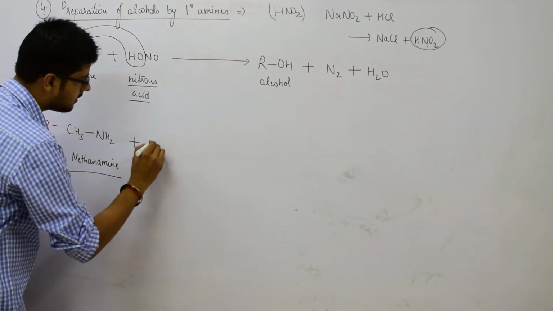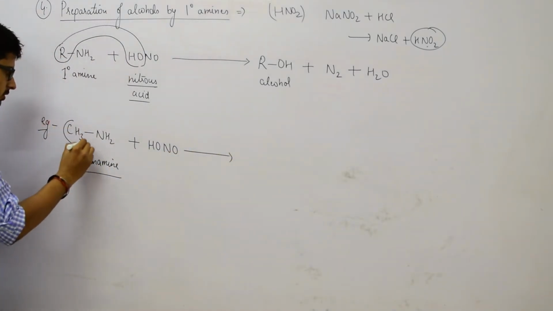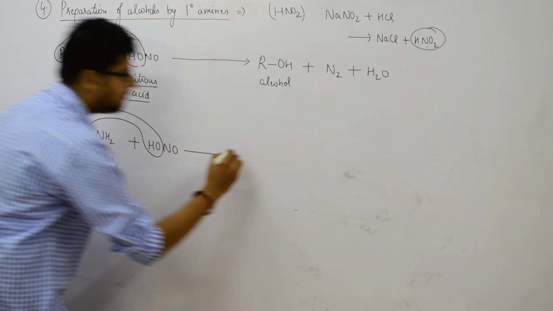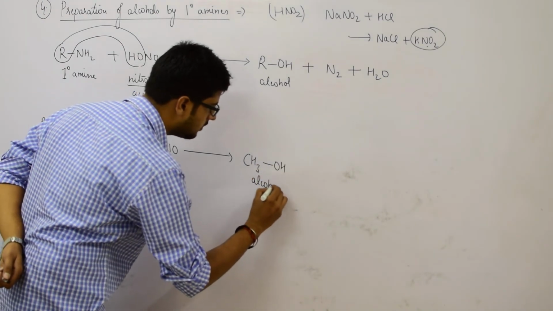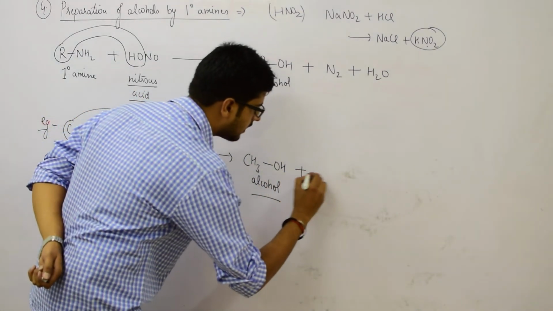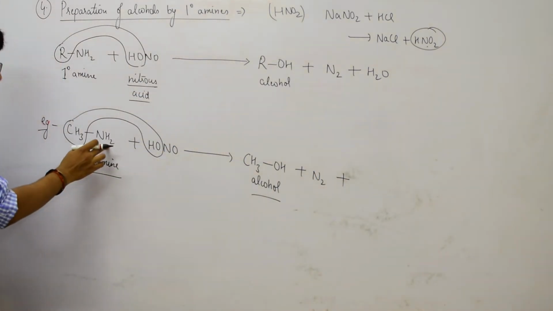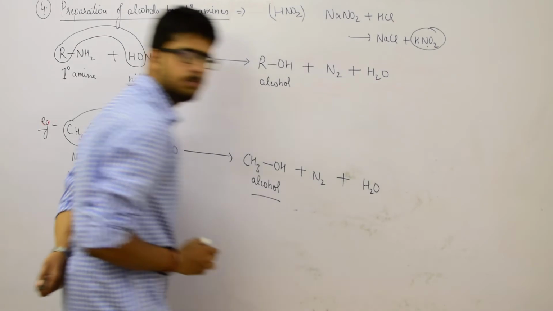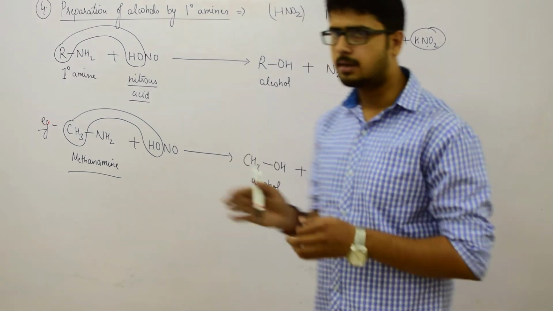When treated with nitrous acid, HNO2, this CH3 group combines with this OH group to form CH3OH, our alcohol, and the two nitrogen atoms are eliminated in the form of nitrogen molecule, and this oxygen atom and these two hydrogen atoms combine in the form of water molecule. Okay? So this is how we can prepare alcohols from primary amines.